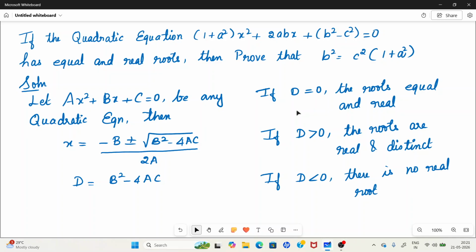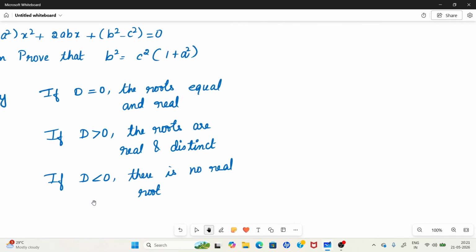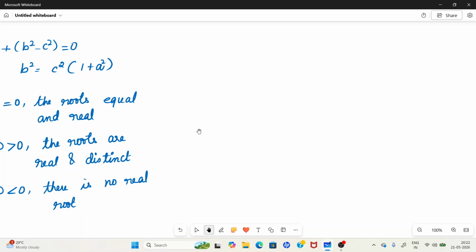Here, ax² + bx + c = 0 is the standard equation. So here the given equation is, I am rereading the question, (1 + a²)x² + 2abx + b² − c² = 0.